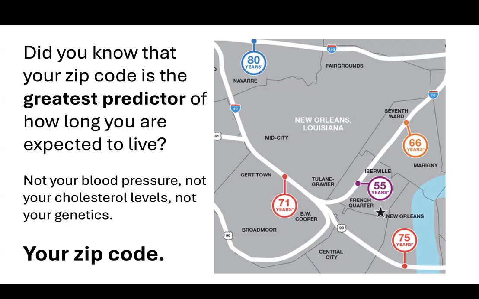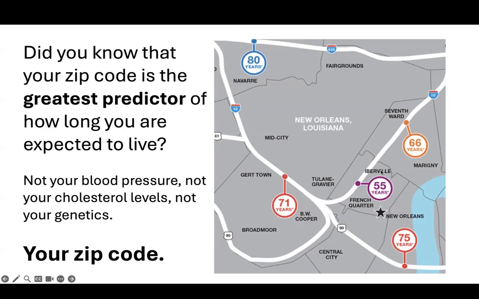Not blood pressure, not any of your physical health markers, but zip code. Variables such as housing prices, income, and education level all impact communities. People in communities with little or no access to preventative health care, healthy food options, safe parks, and good schools die on average 15 years earlier than those who have access.